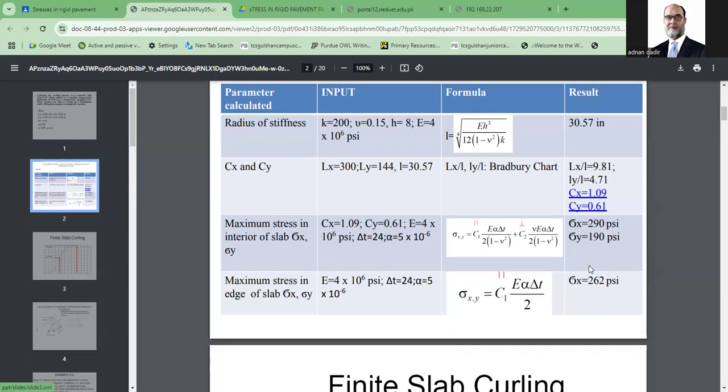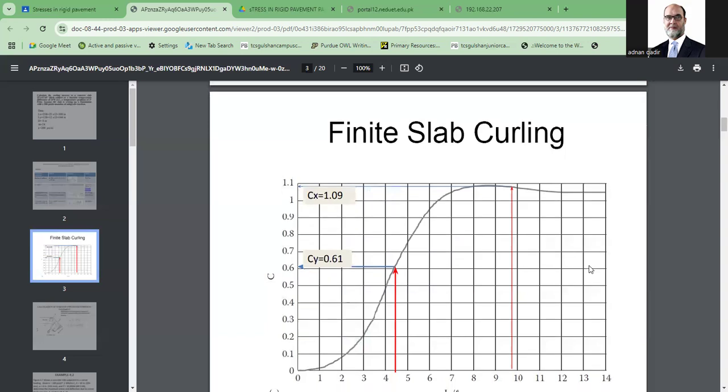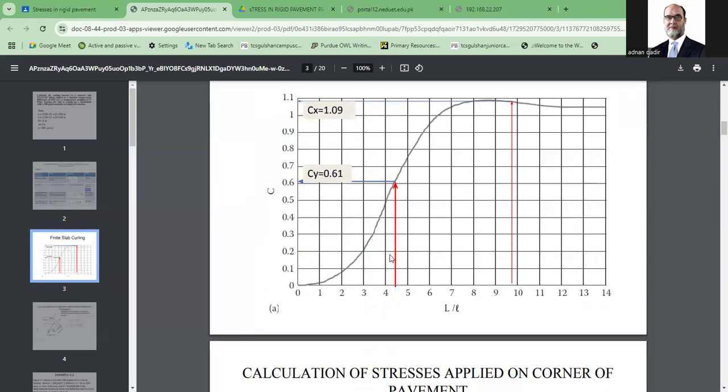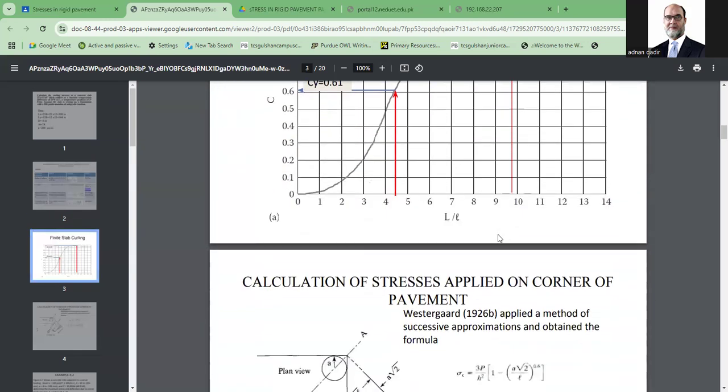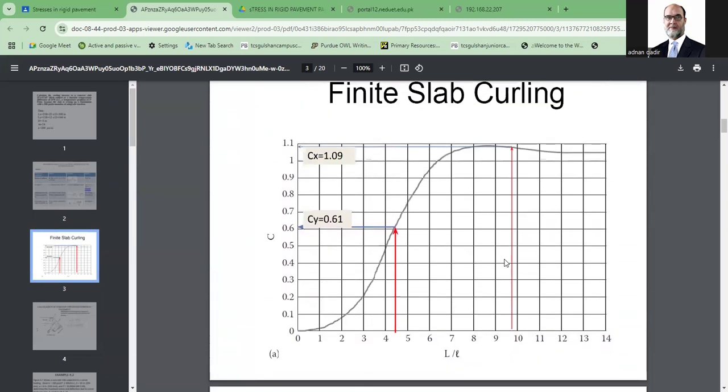And from that, this is the chart. When our Lx over l was 9.81, we come to this graph, the Bradbury chart, and we draw a perpendicular somewhere here.